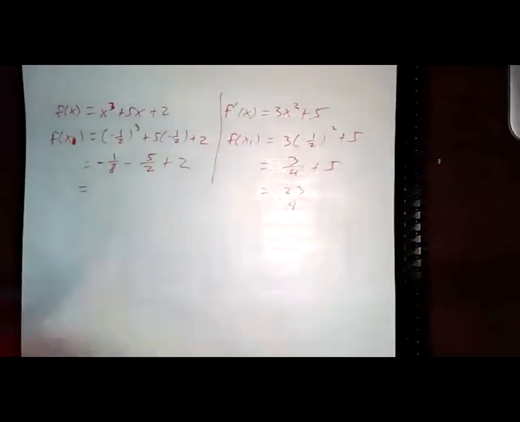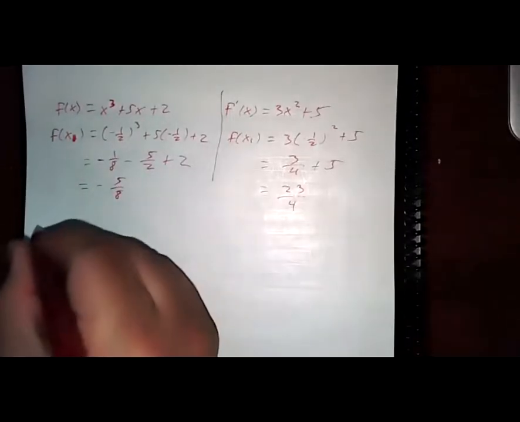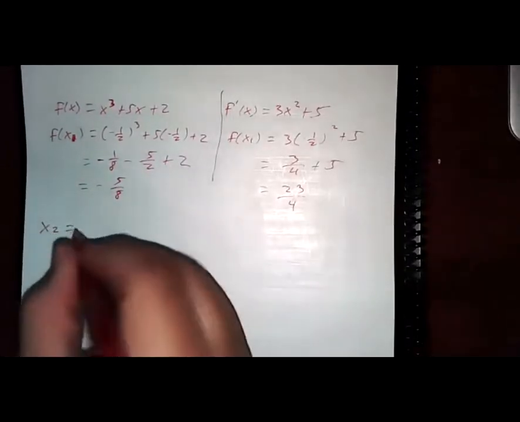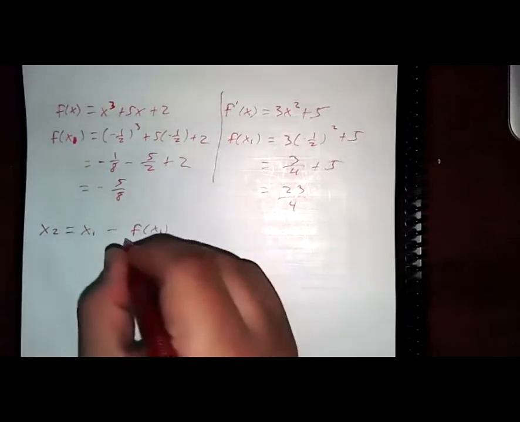For this one, I'm going to get my calculator because I'm getting lazy. Negative 1/8 minus 5/2 plus 2. This is negative 5/8.